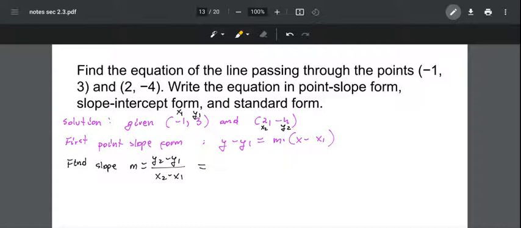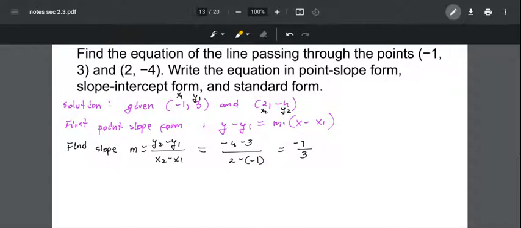So let's find that slope. We have -4 minus 3 divided by 2 minus -1. So the slope will be equal to -7/3. Okay, so we have a slope.